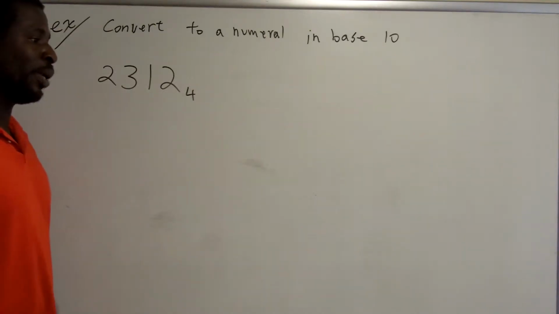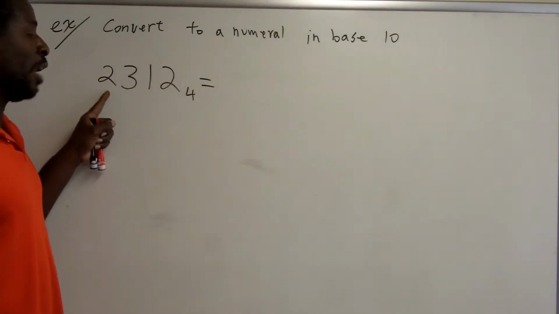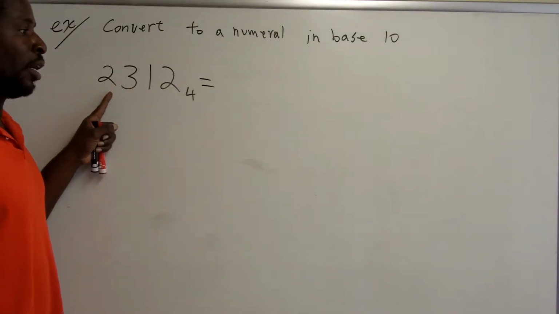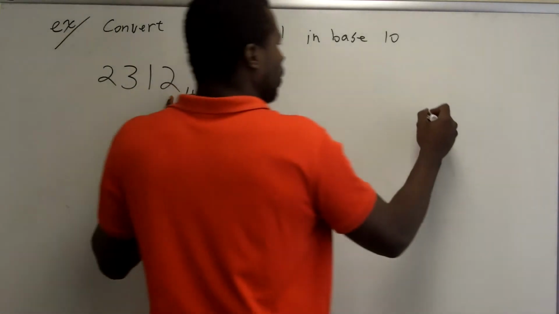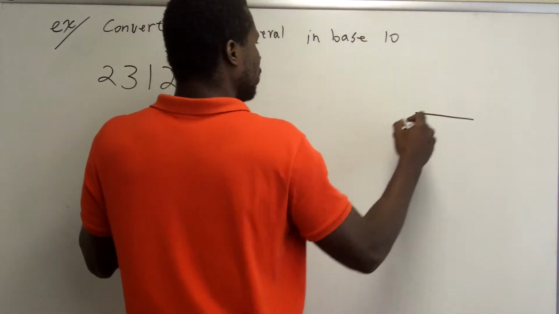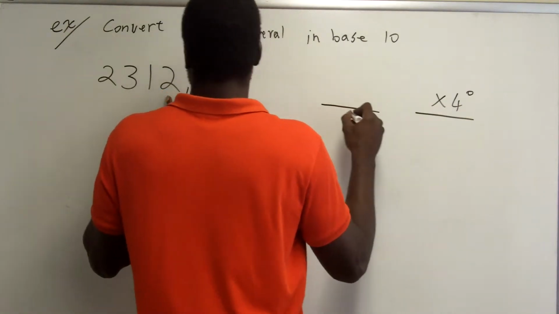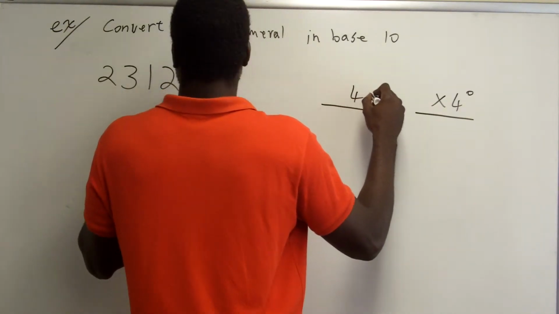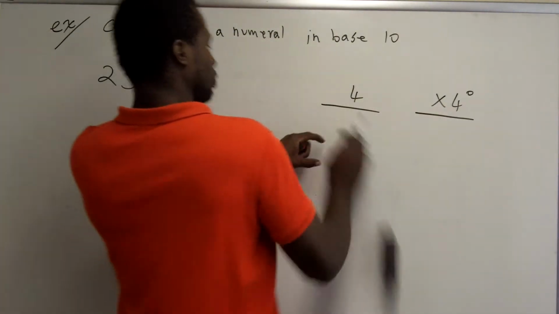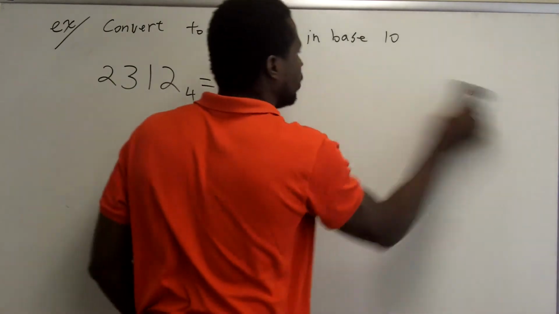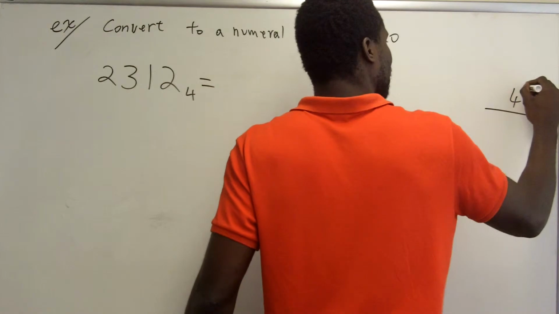In order to convert this to a base 10 numeral, you take each one of these numerals and multiply it by its corresponding place value. Let's list all the place values first. The first place value is 4 to the 0 power, which is the ones place.